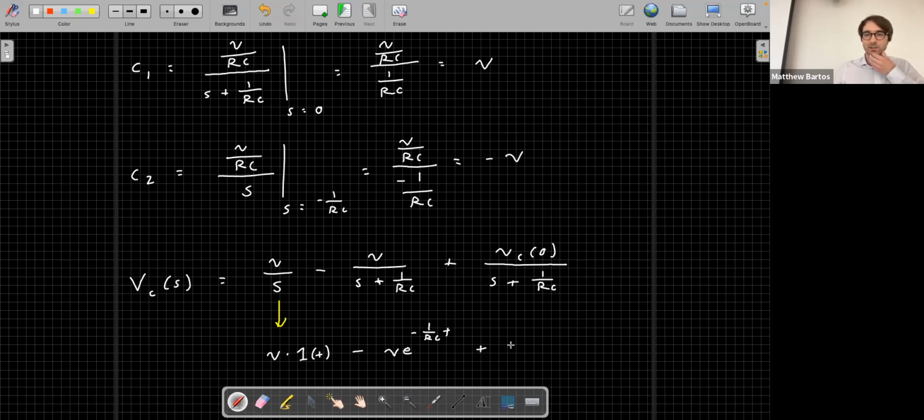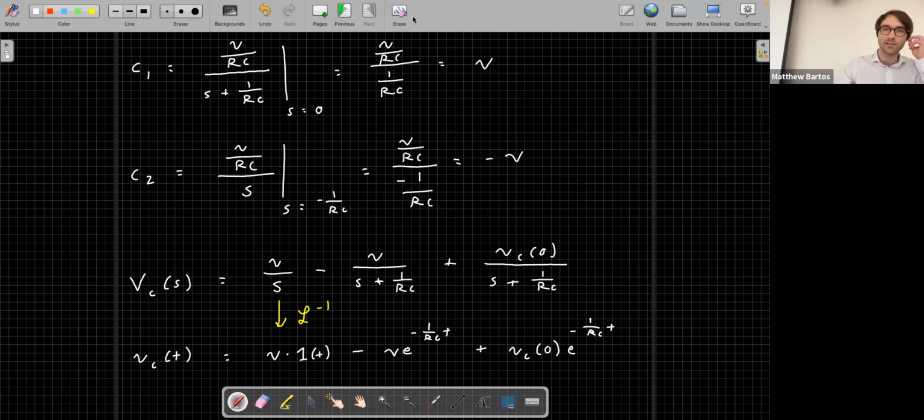And this term here will also become another exponential term. This will become VC of 0 times e to the -1 over RC t. So very good. This is the inverse Laplace transform here, and this is our response in the time domain, VC of t.